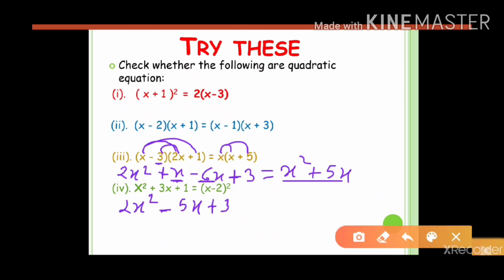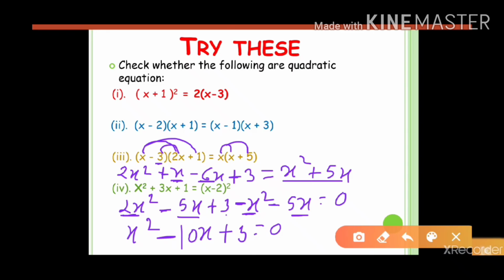When we transfer x squared to LHS, it becomes minus x squared, and plus 5x in LHS, it becomes minus 5x, equal to 0. Twice of x squared and minus x squared, it becomes x squared, minus 5x and minus 5x, it becomes minus 10x and plus 3, equal to 0.